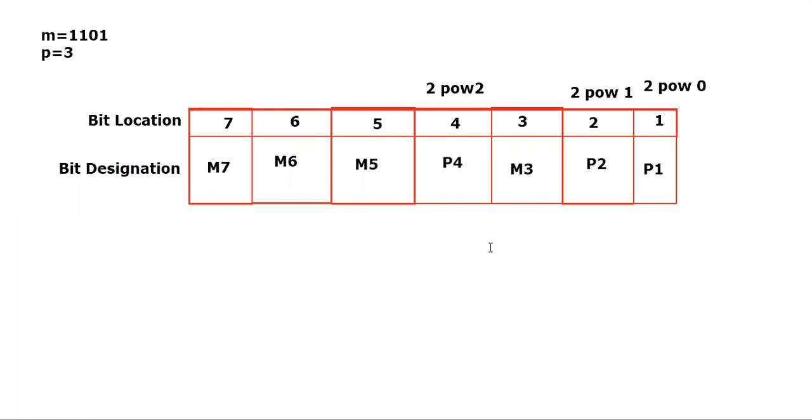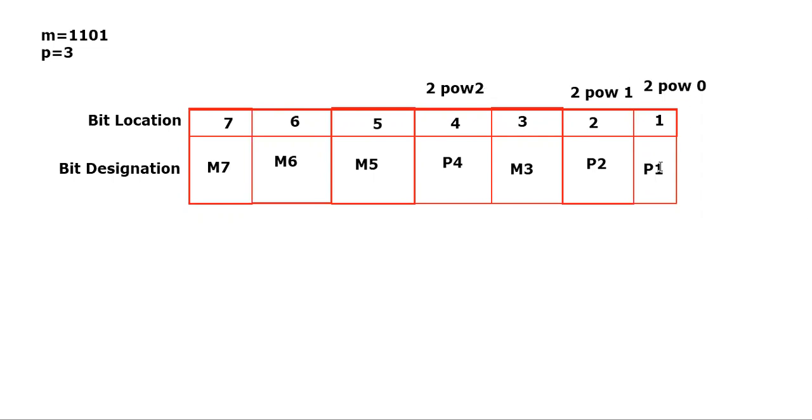So what I have done is I have considered the bit location. We have 7 bits altogether because M is 4 bits and the parity bits we have calculated are 3, so the total Hamming code should be 7 bits. Based on the location, I took the powers of 2: 1 is 2 power 0, 2 is 2 power 1, and 4 is 2 power 2.